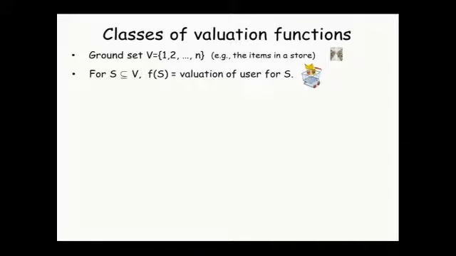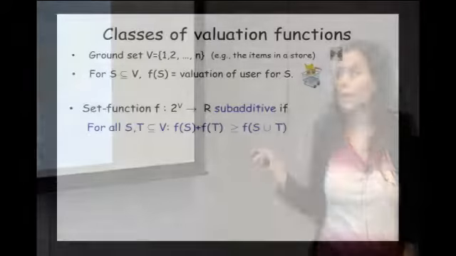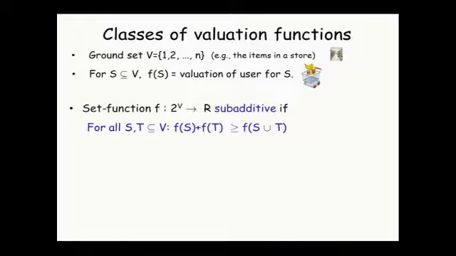Again, recall we are in a combinatorial setting, so we have a ground set V of n items, for instance, a set of items for sale in a supermarket. Given a subset S of this ground set, we denote by f of S the value that the user has for set S. Throughout this talk, we'll be looking at learning interesting classes of subadditive valuations, which express substitutes but no complementarities.